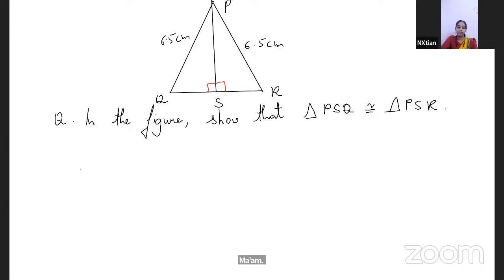Okay, so anyone wants to explain which rule exactly or how they are congruent?